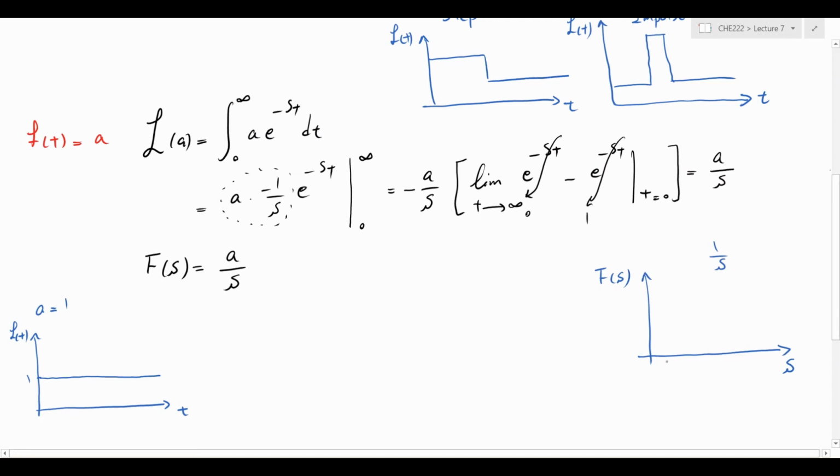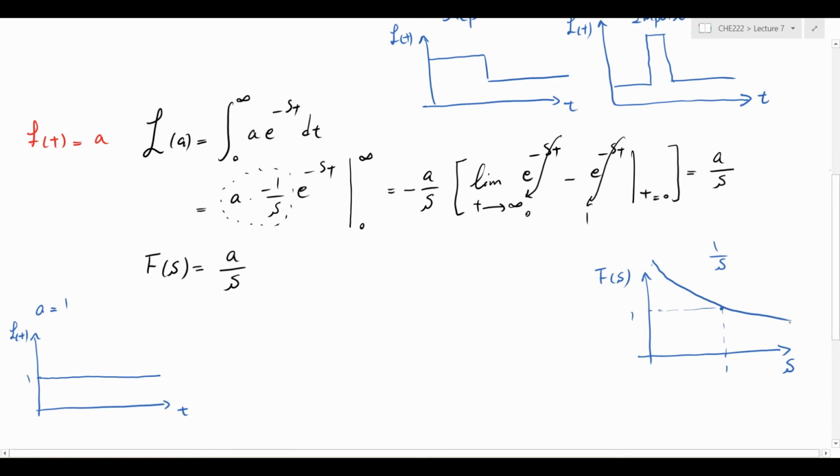As s approaches 0, F(s) approaches infinity, so it starts from somewhere here, and at s equals 1, F(s) will be 1. So it will be a function like this.